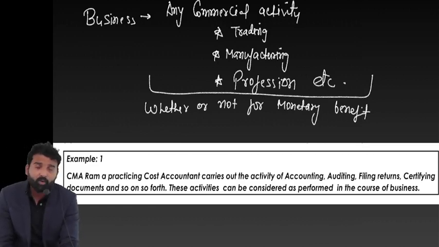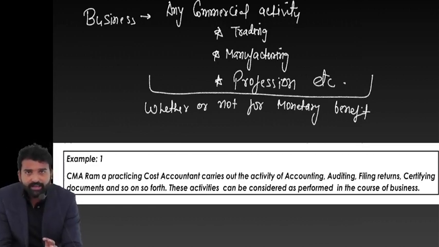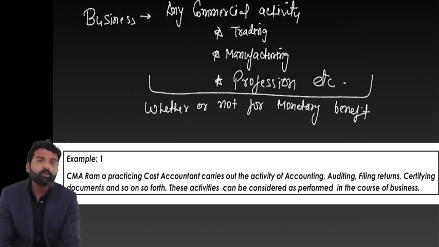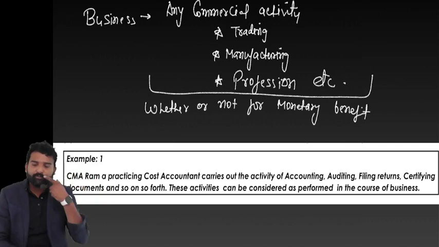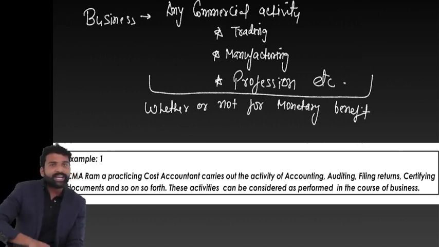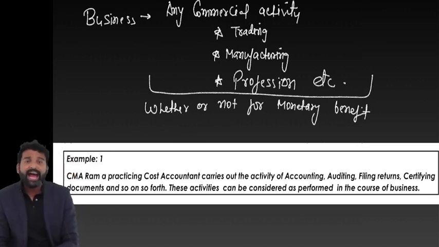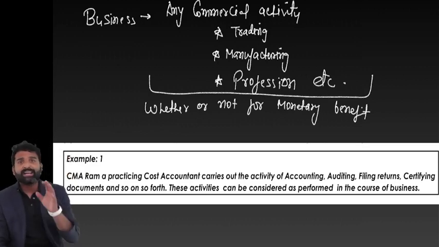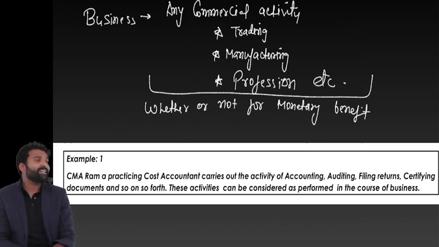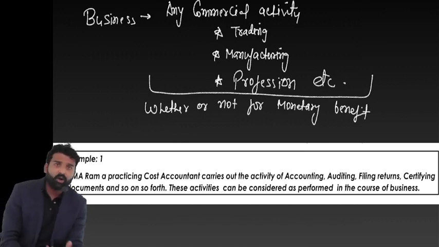And one more important thing is that business is not only when it has a monetary benefit. Even if a few people gather together and make a society, a cooperative society or an association, the cooperative society is doing business with the members, and when it supplies goods or services to its members, it is liable for GST. So there is no requirement of any monetary benefit.